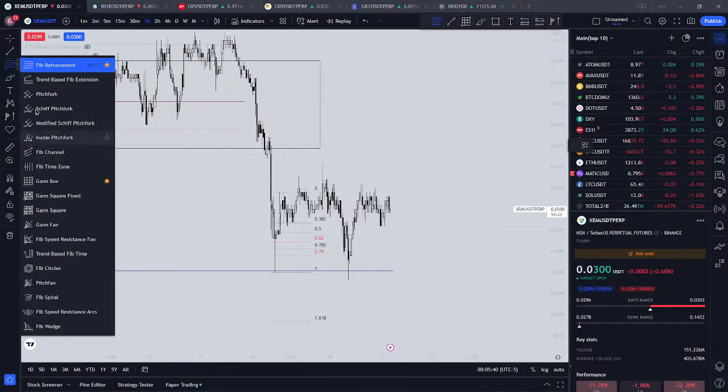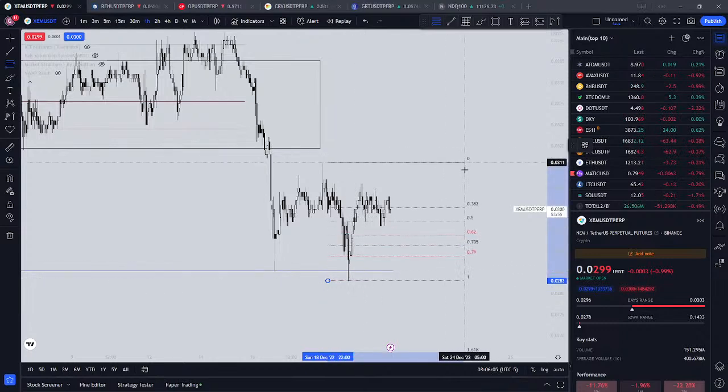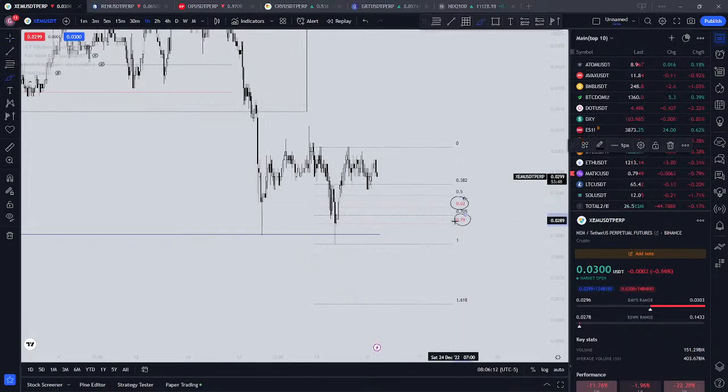To find our area of value, we'll see the most recent up move, which would be from this point to this point. So the move started here and ended here, and what we can do using that information is get your fib out. Let's take this out for now. You use your fib from where the move started to where it ended, and it gives you your areas of value, which is your 0.618 and 0.789 levels.